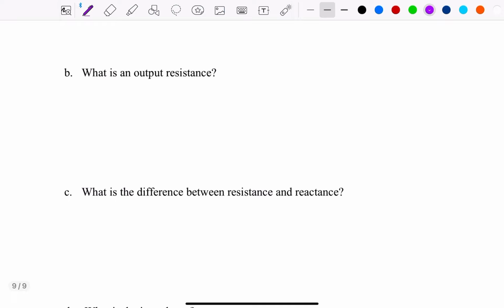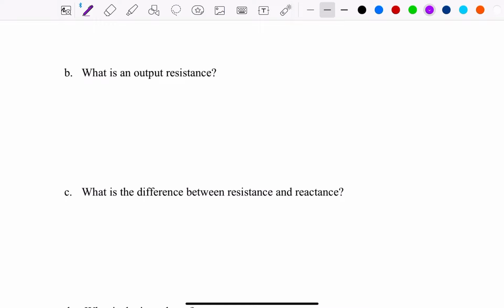I'll go next to the output resistance. This refers to the resistance that a device presents to a load connected to its output terminals. Actually, input resistance is connected with input terminals, and output resistance is connected with output terminals. A lower output resistance means the device can provide a more significant amount of power to the load without substantial voltage drop or distortion.